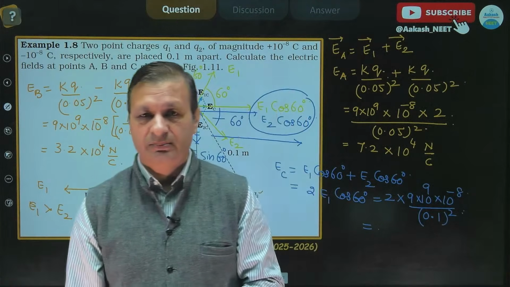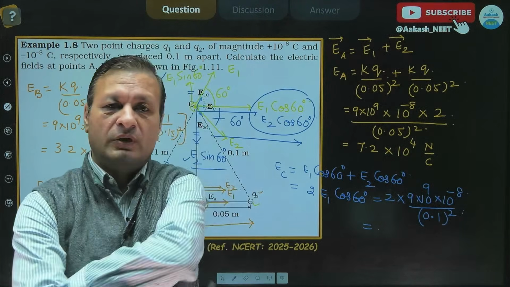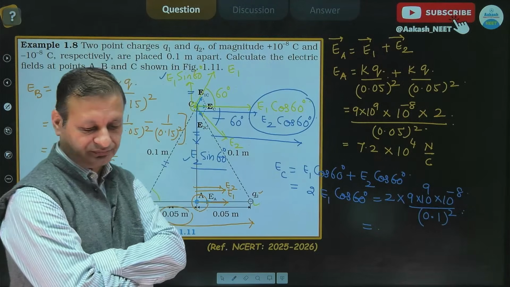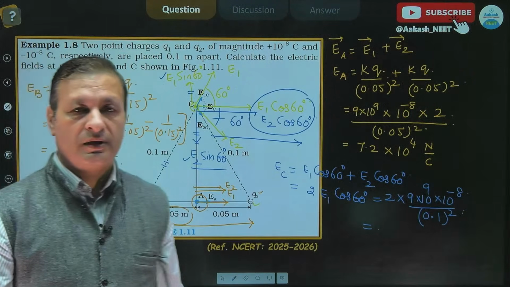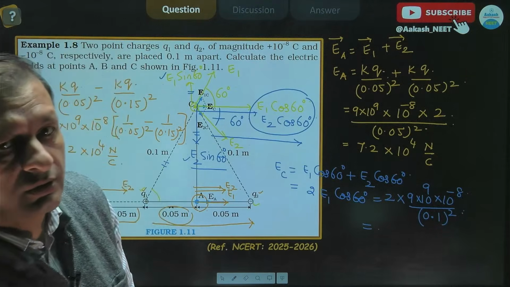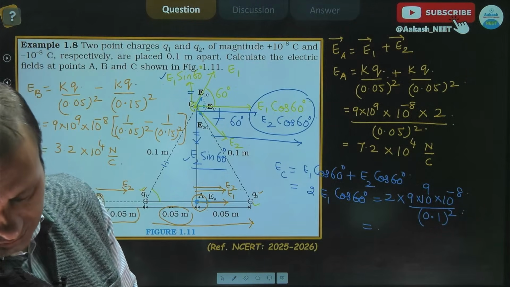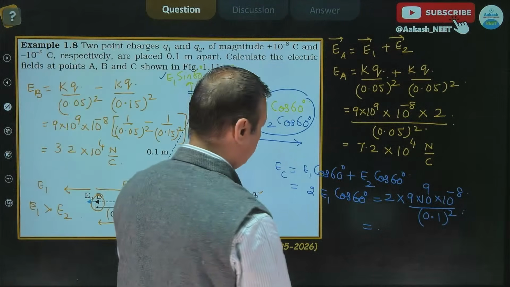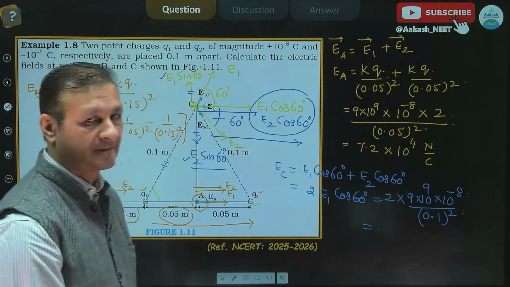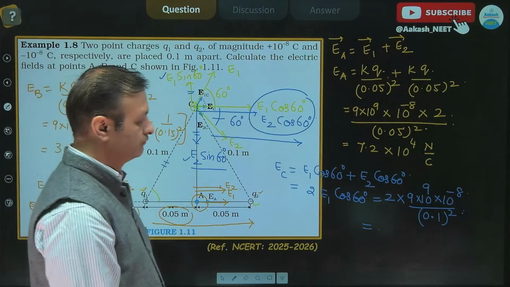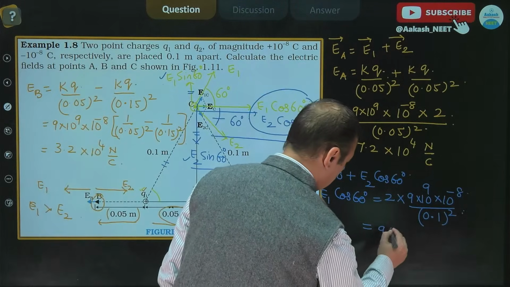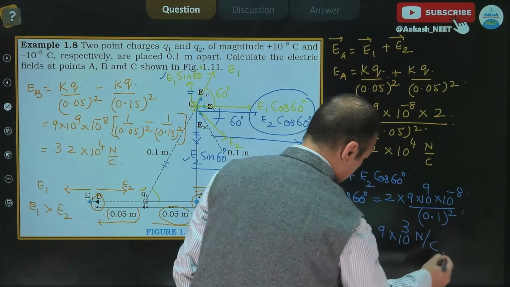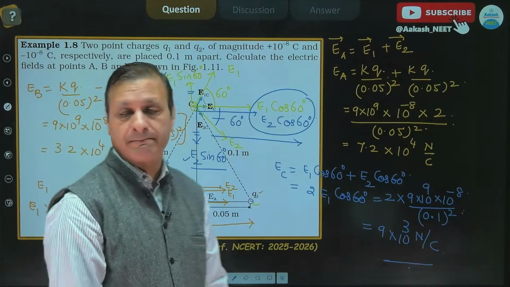Please go ahead, giving you half a minute to 1 minute. Please complete your calculation. So this comes out to be 9 into 10 raised to power 3, unit wise Newton per Coulomb only.